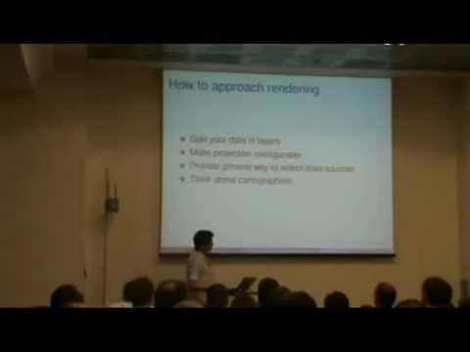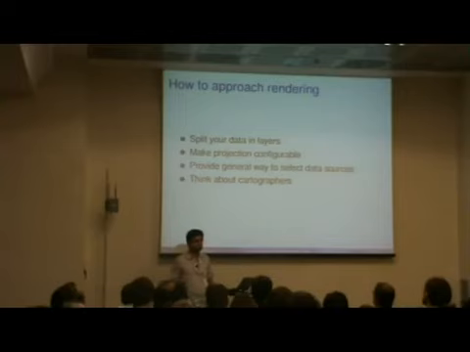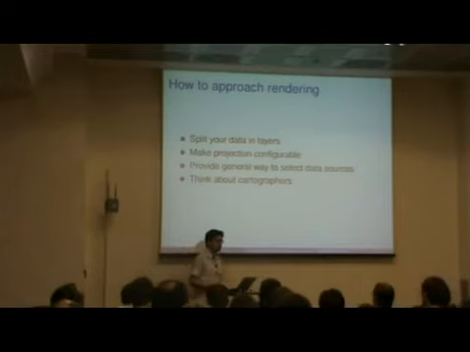If you are to create a rendering engine, split your data into layers, make projection configurable, so different people can use different projections. Well, if you're aiming for web maps, you can pretty much use Google Mercator and not worry about other stuff. It's a pretty simple projection.